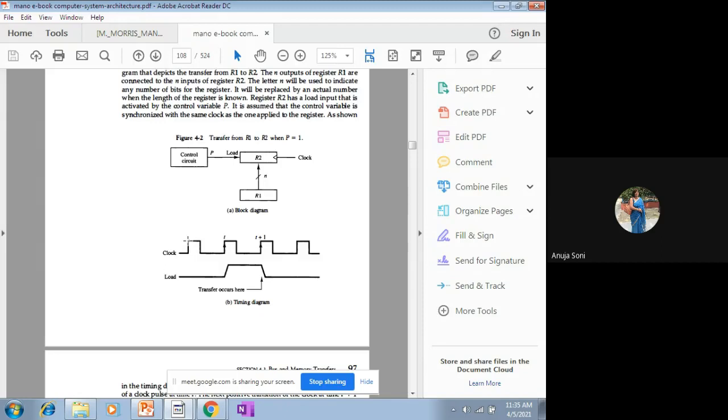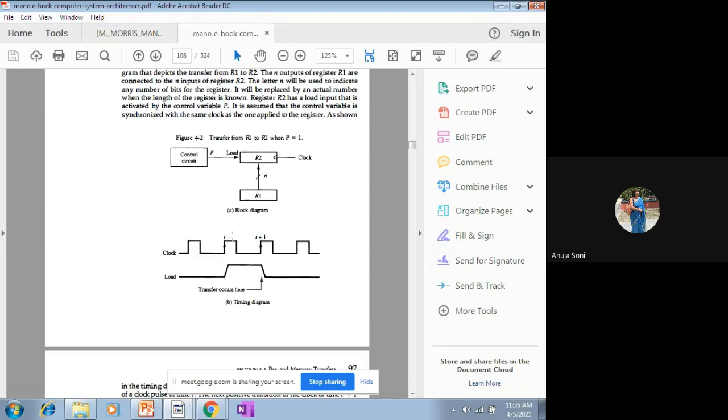Beginning from this point, the positive clock transition, generally all the activities are triggered with respect to the positive transition of the clock, and these remain activated for one clock cycle, till another control signal gets activated. So one clock cycle includes one positive transition as well as one negative transition.